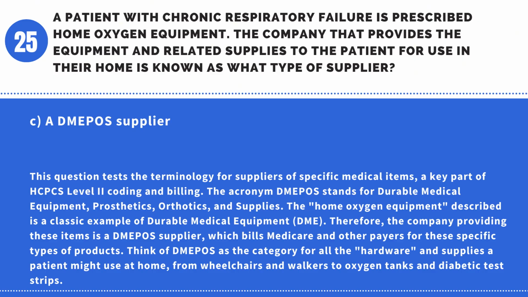The home oxygen equipment described is a classic example of durable medical equipment, DME. Therefore, the company providing these items is a DMEPOS supplier, which bills Medicare and other payers for these specific types of products. Think of DMEPOS as the category for all the hardware and supplies a patient might use at home, from wheelchairs and walkers to oxygen tanks and diabetic test strips.